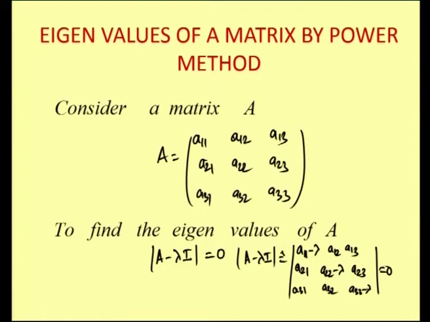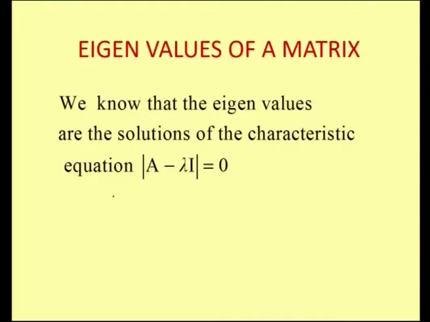Okay. And we get a cubic equation in lambda and we solve this cubic equation either by the synthetic division method or any other method, and we will get 3 eigenvalues for a 3 cross 3 matrix. So, the number of eigenvalues is dependent on the order of the matrix. So, we know that eigenvalues are the solutions of the characteristic equation modulus of A minus lambda I is equal to 0.